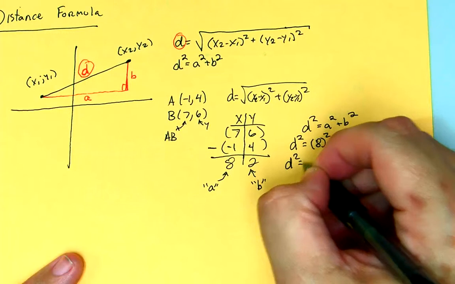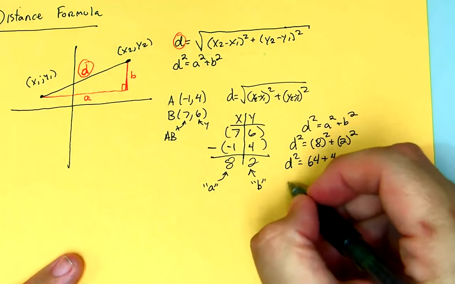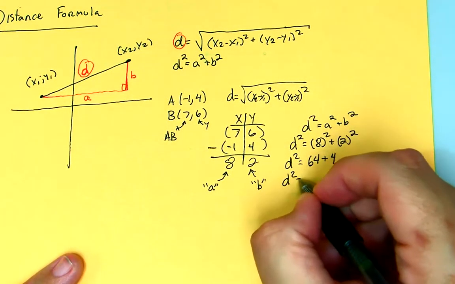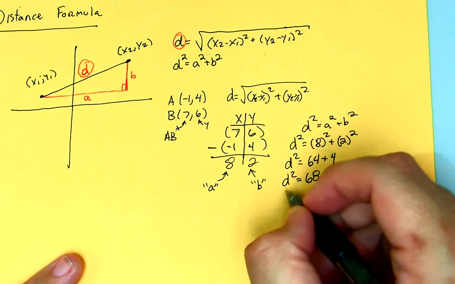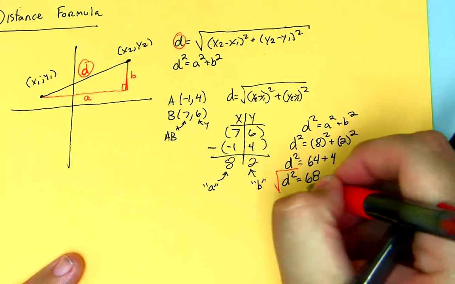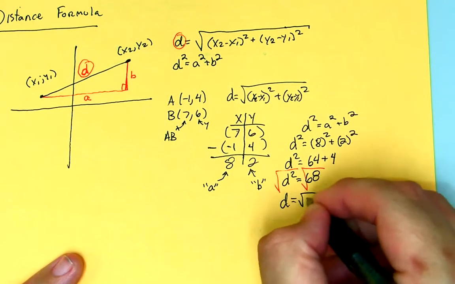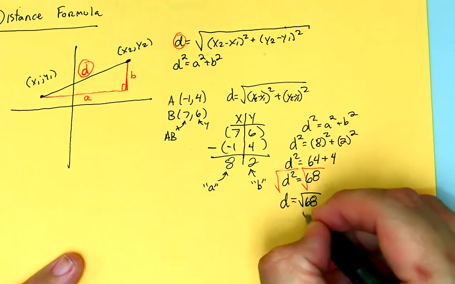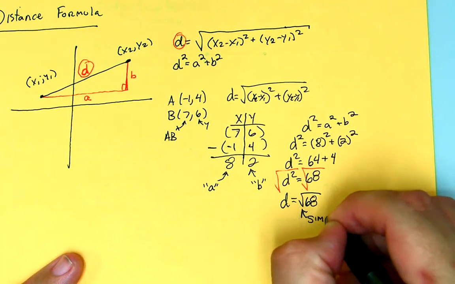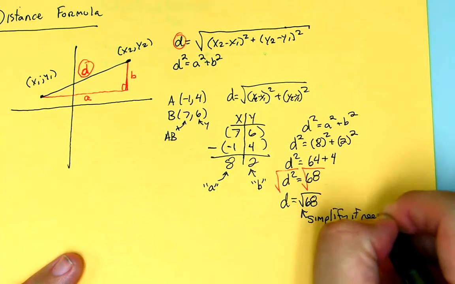D squared is equal to 64 plus 4. So D squared is equal to 68. Now, in order to get my final answer, take the square root of both sides. D is equal to the square root of 68. And then simplify if needed.